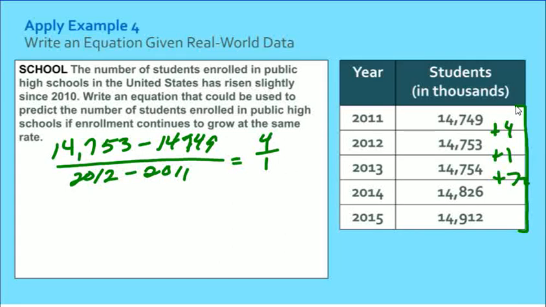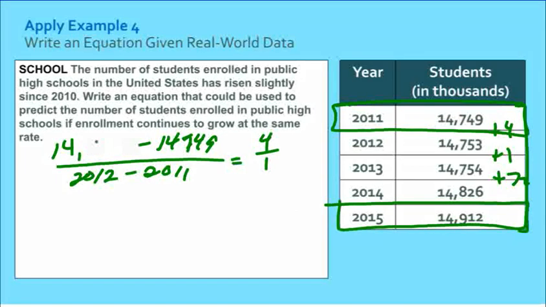So the best way of doing this is taking the first point and comparing it with this last point. So we're going to do 14,912, and we're going to subtract the first year, which was 14,749.